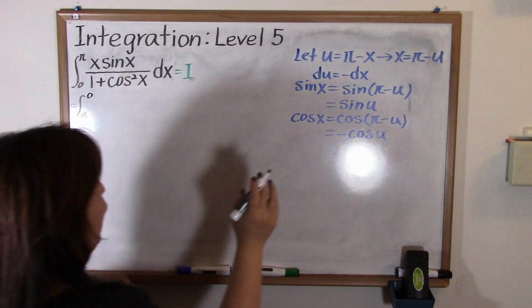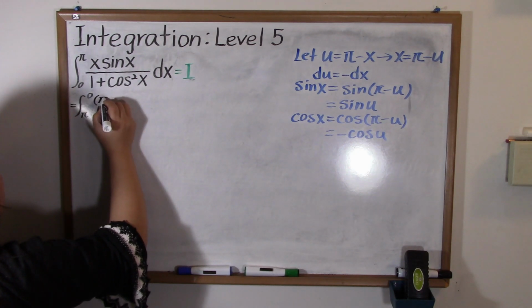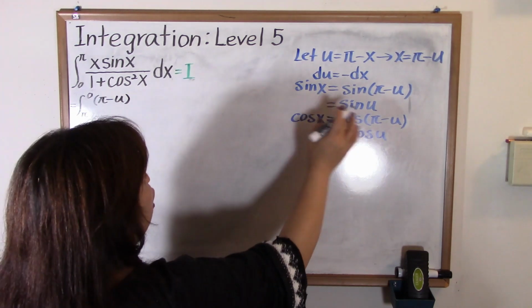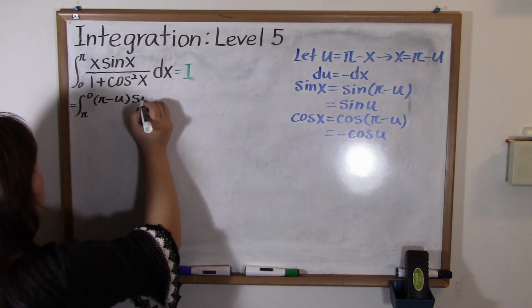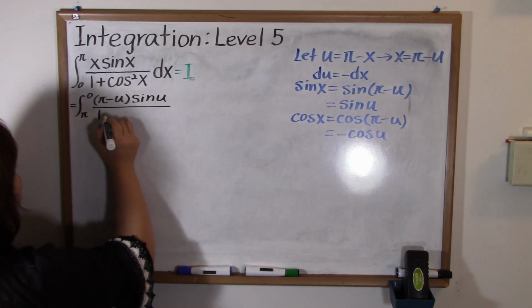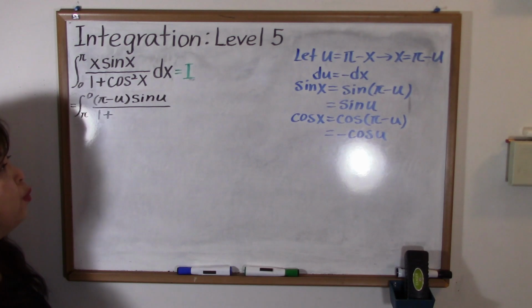And then x is pi minus u, parentheses, pi minus u times sine of x is sine of u times sine of u all over 1 plus cosine of x is negative cosine of u.